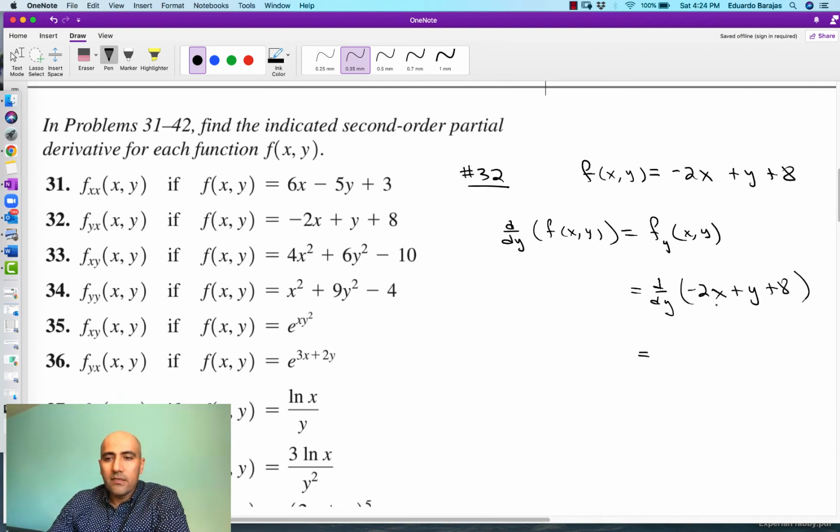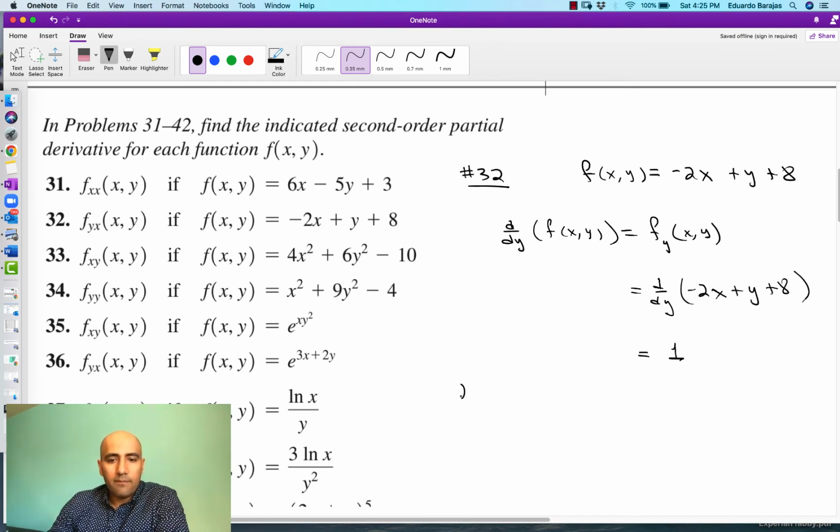Well, that's easy. This is some constant, that's 0. That's just going to be 1 plus 8. So the answer is just 1. So we found the derivative with respect to y, and now next we want to find the derivative with respect to x.